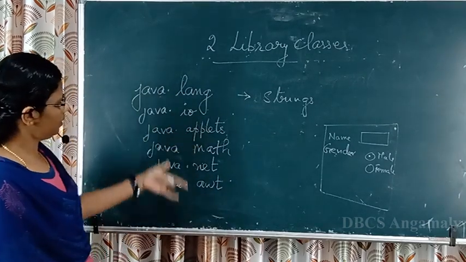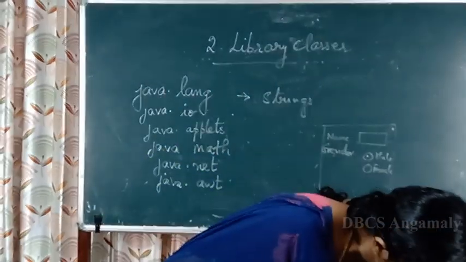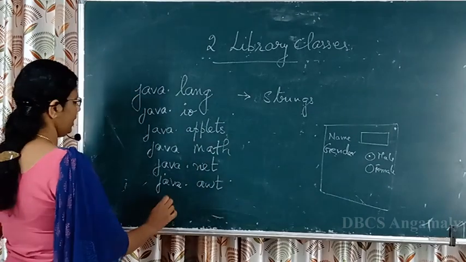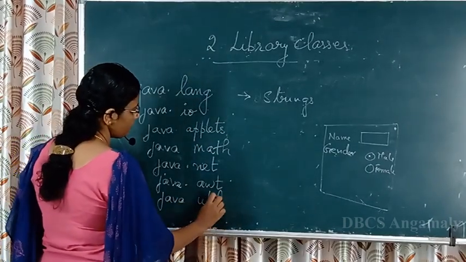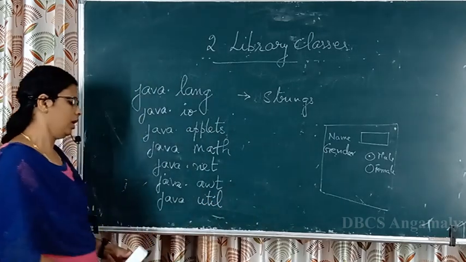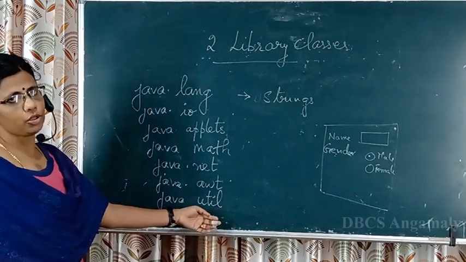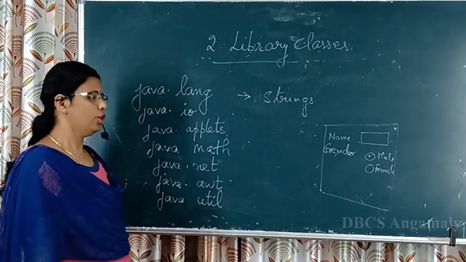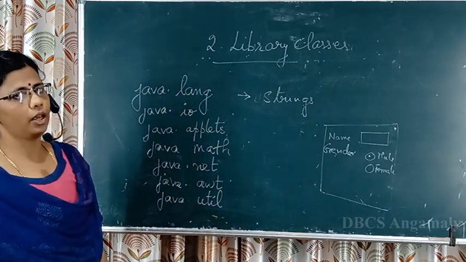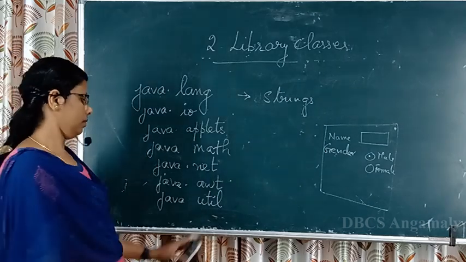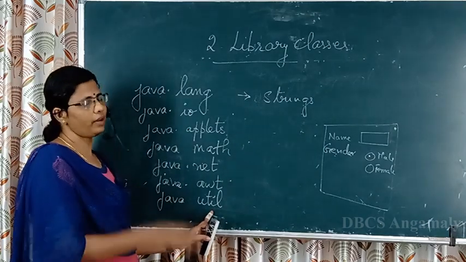So we have one more main package, java.util. As far as your syllabus is concerned, we are mainly dealing with this package called java.util. Util in short is for different utilities available in your Java software as such.